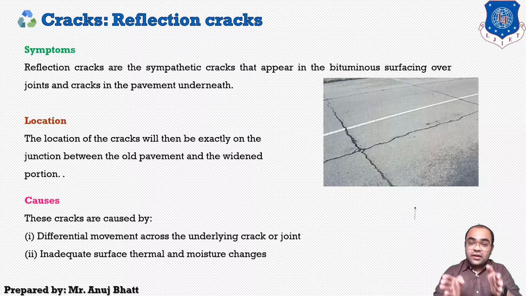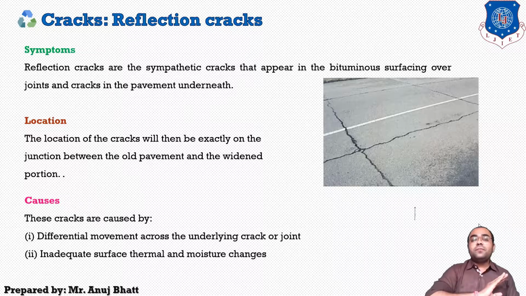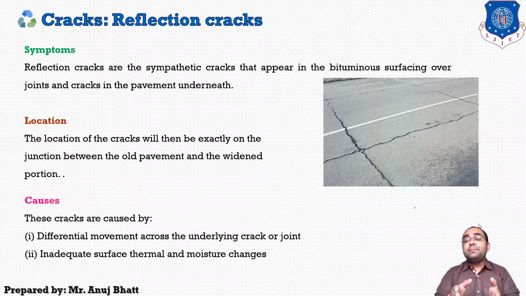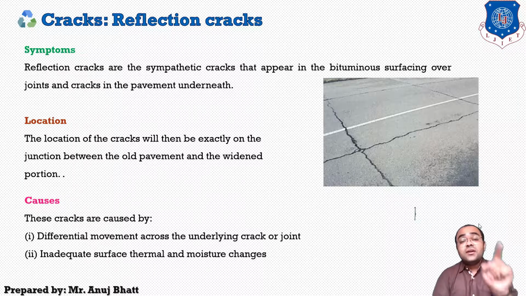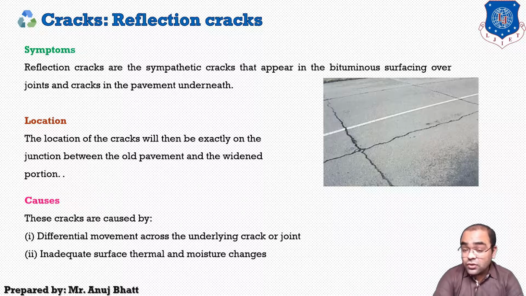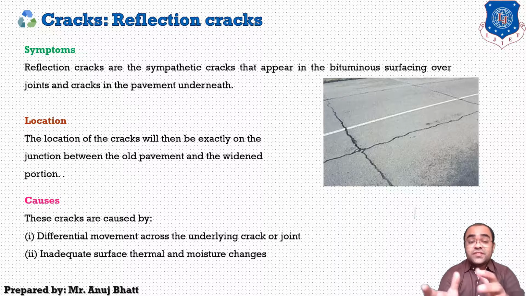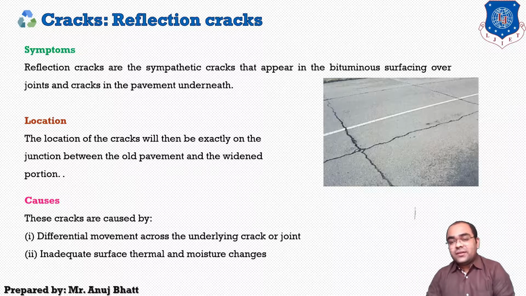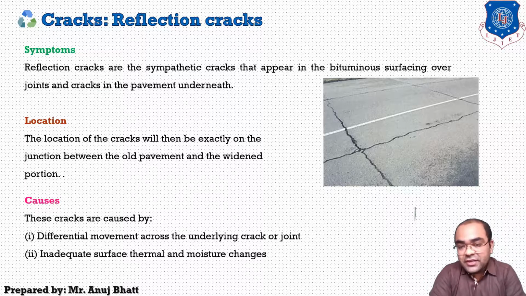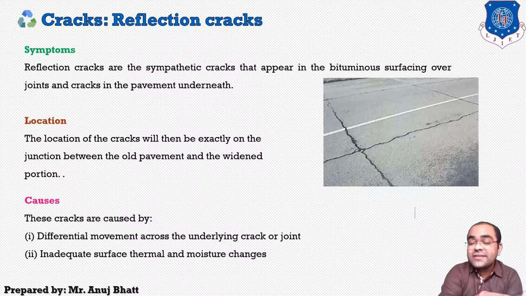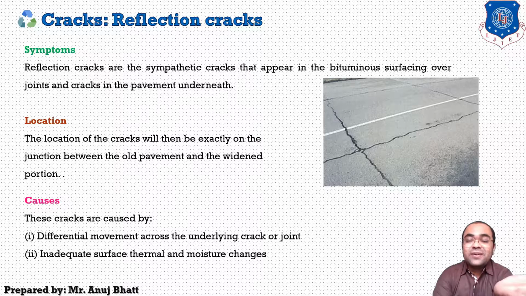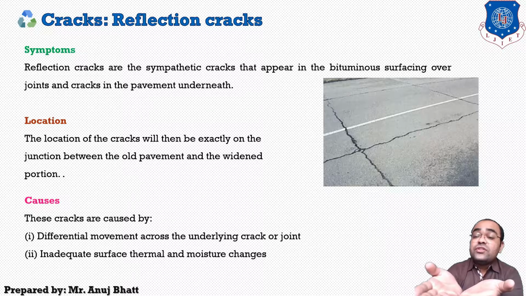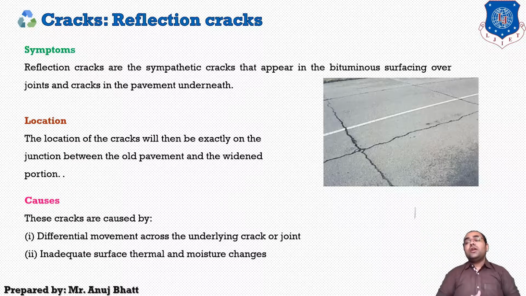If the old surface of the pavement is not properly repaired, that can be the reason for reflection cracks, and the location of such cracks will be exactly on the junction between the old pavement and the pavement which gets widened. There are two possibilities: first, at the old pavement surface, or else at the junction of the old pavement surface and the surface which we have joined to widen that pavement.